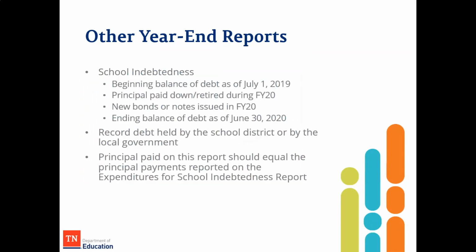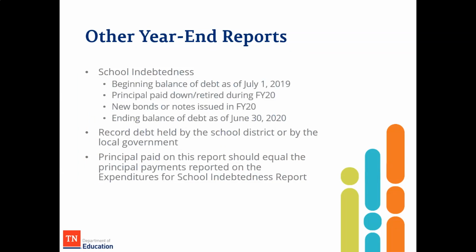Then the principal paid down, or principal that retired during FY20. So this is the principal amount. The third thing is any new bonds or notes that were issued in FY20. And the last thing is the ending balance of debt as of June 30th, 2020.